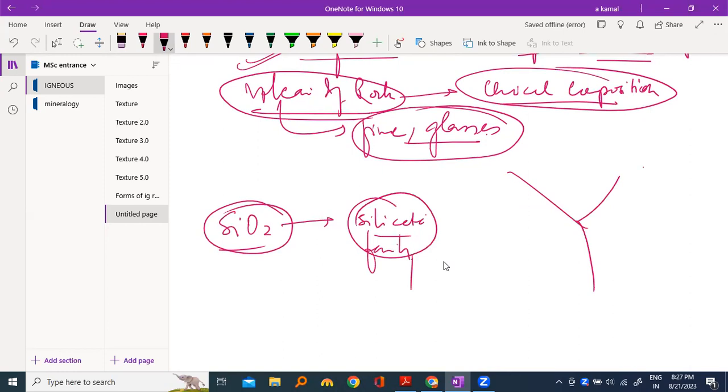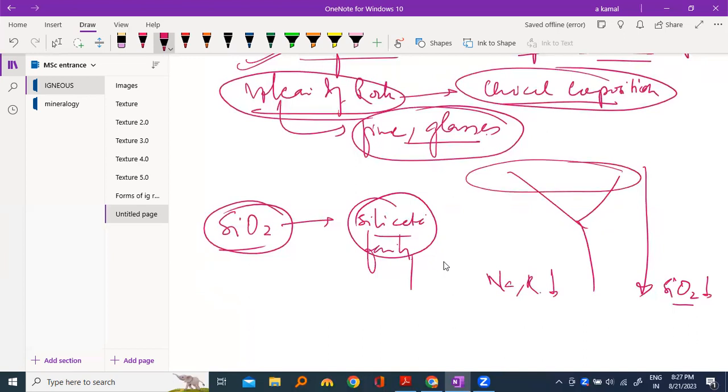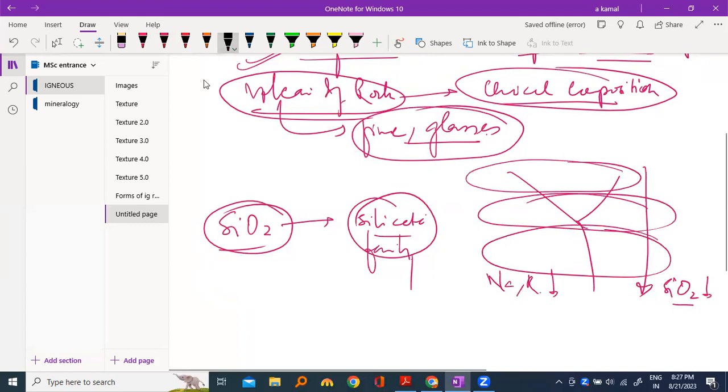As you go from top to bottom in the Bowen's series, your silica percentage is increasing, and your sodium and potassium amount is also increasing. So in the Bowen's series you can find all kinds of igneous rocks, whether mafic, intermediate or felsic.